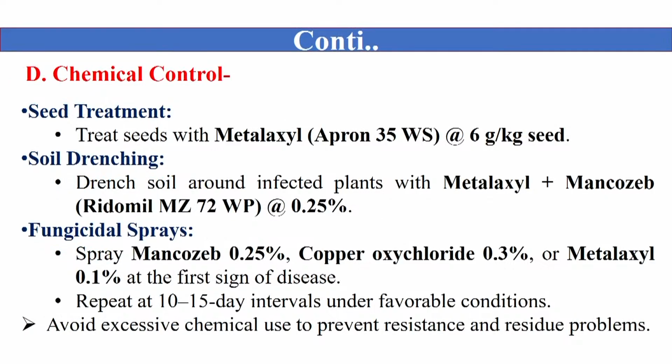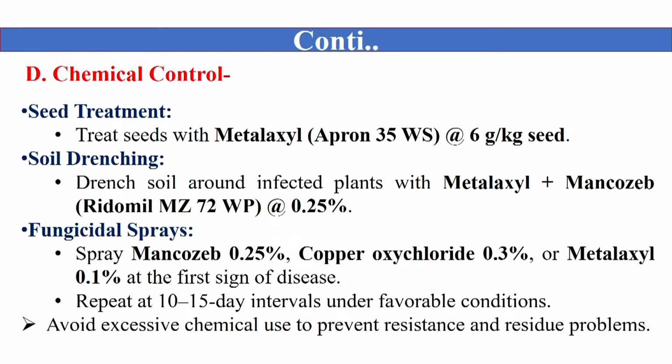And lastly, if the condition is not under control, you can apply fungicide sprays like Mancozeb 0.25%, copper oxychloride 0.3% or metalaxyl 0.1% at the first sign of the disease.